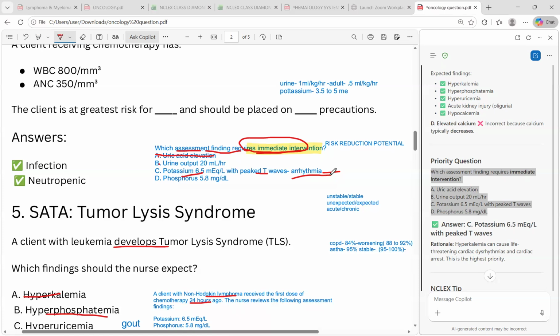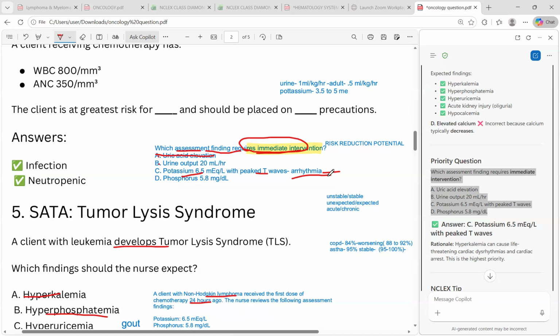Up to 5.5 there is no problem, but if it is greater than 5.5 the client needs attention. And if the potassium is elevated, that means greater than 6, and with ECG changes, that is a life-threatening complication. That is my point. Hyperkalemia with ECG changes is a life-threatening complication.